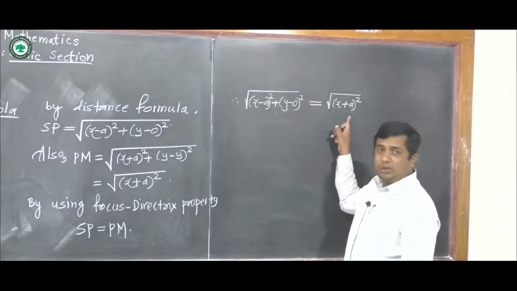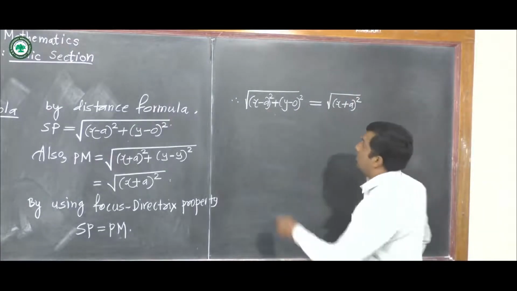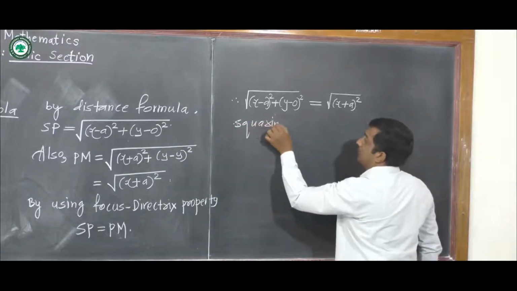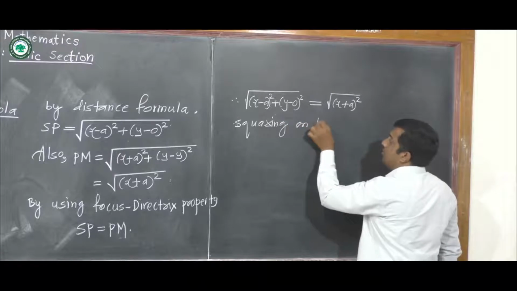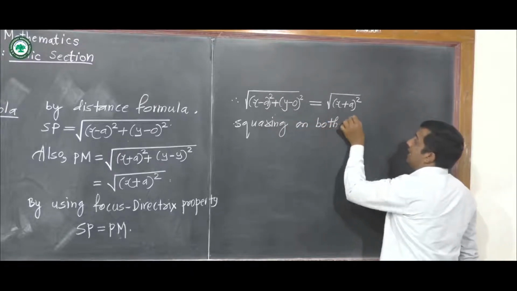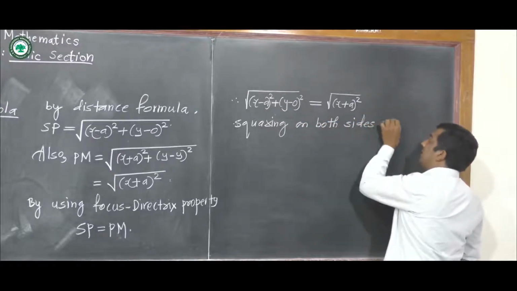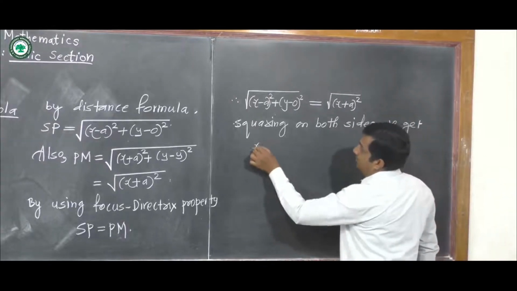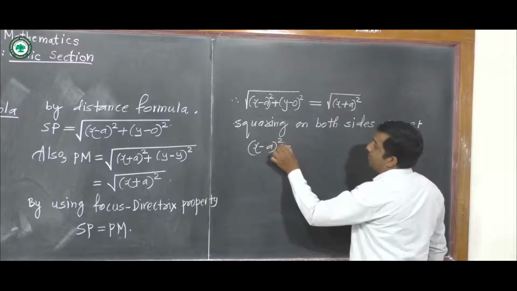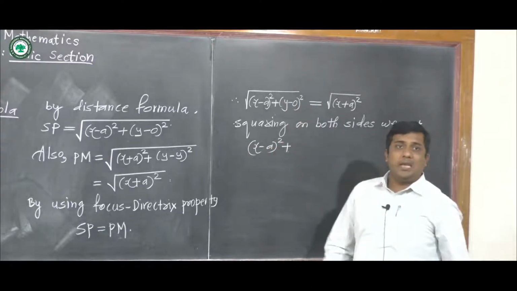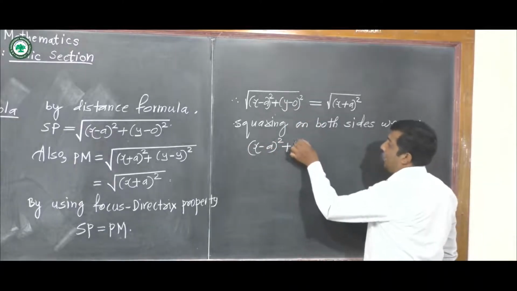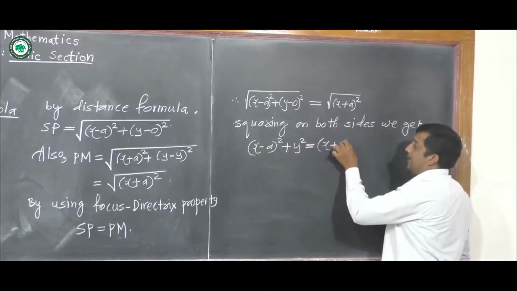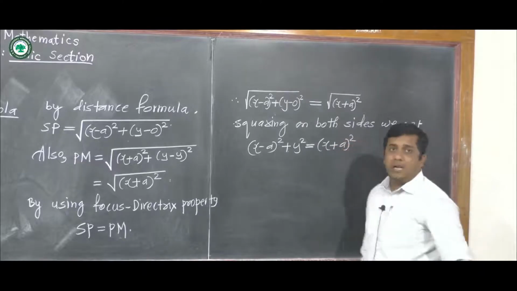Now squaring on both sides to remove the square root, we get (x - a) squared plus y squared is equal to (x + a) squared.